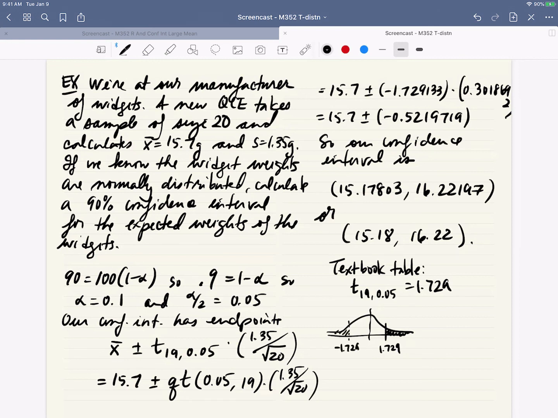And because the t-distribution is symmetric, we know that at negative 1.729, the area below that is 0.05. But either way, it turns out it doesn't matter if you put a positive 1.729 in here or a negative 1.729. The plus or minuses will fix it for you. So you can just go ahead and put that in, and everything will be groovy. And you'll get the same answers. And that's the whole point of looking at the textbook too.